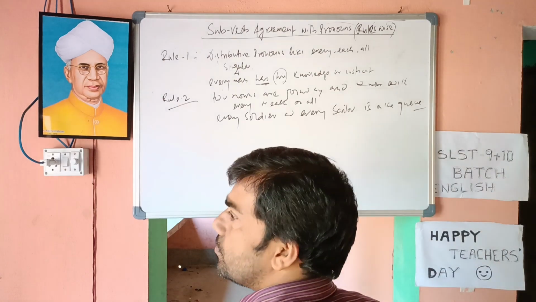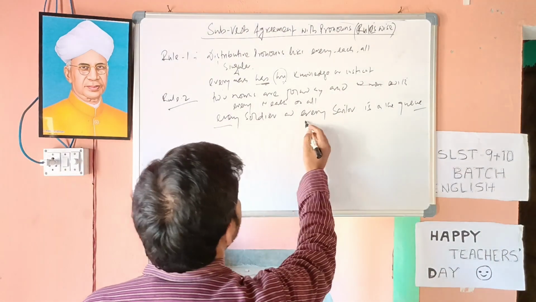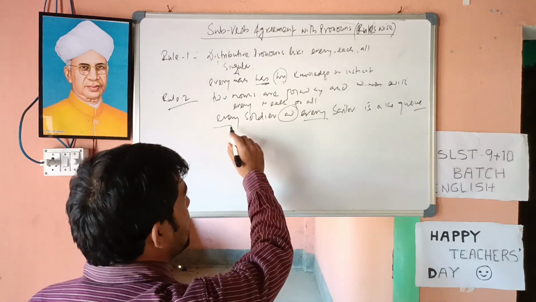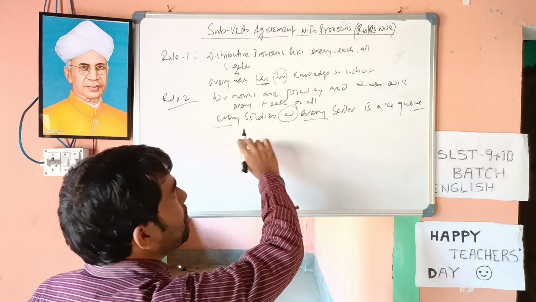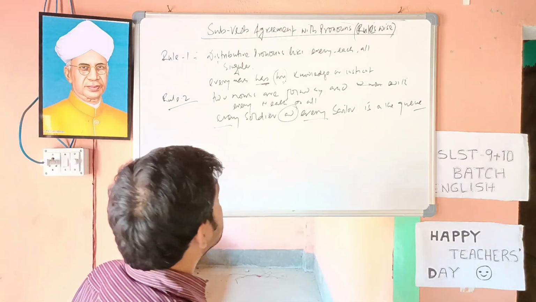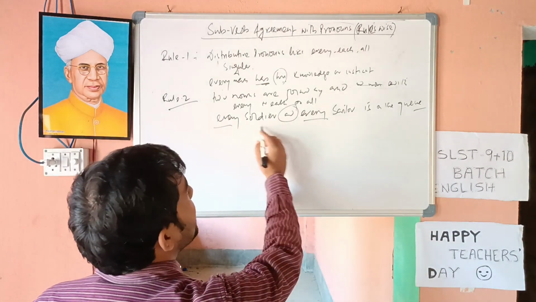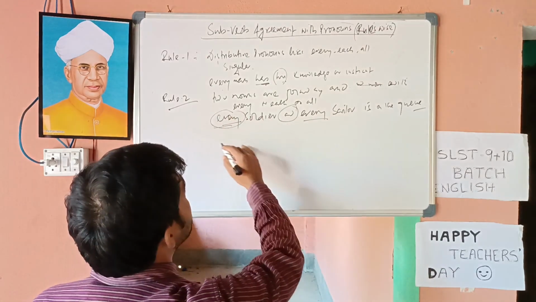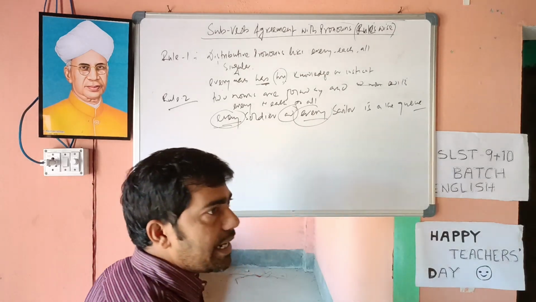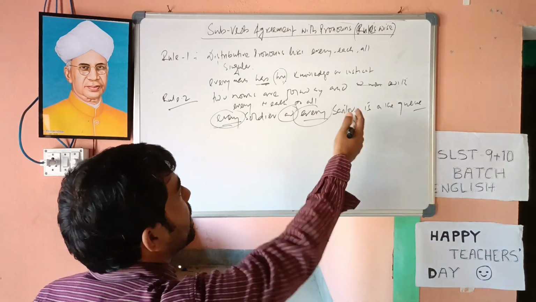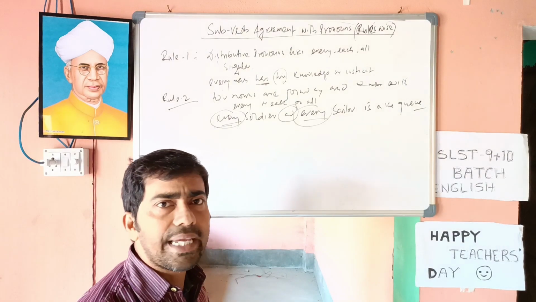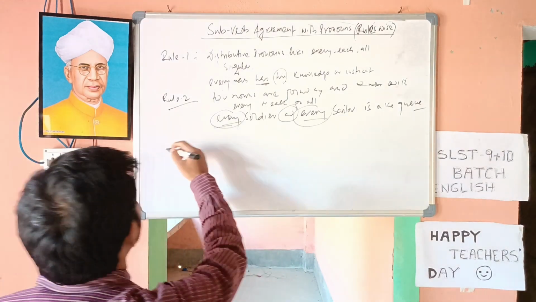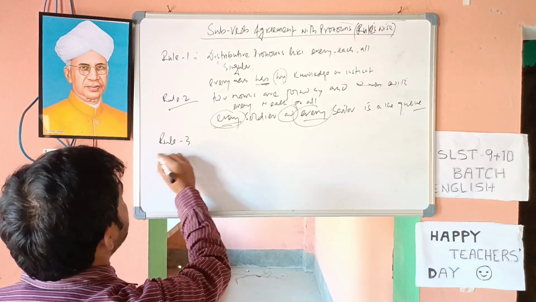Even if it is joined by and, it apparently means the sentence is plural, but as the distributive pronoun every precedes each noun, it is taken as singular in sense.